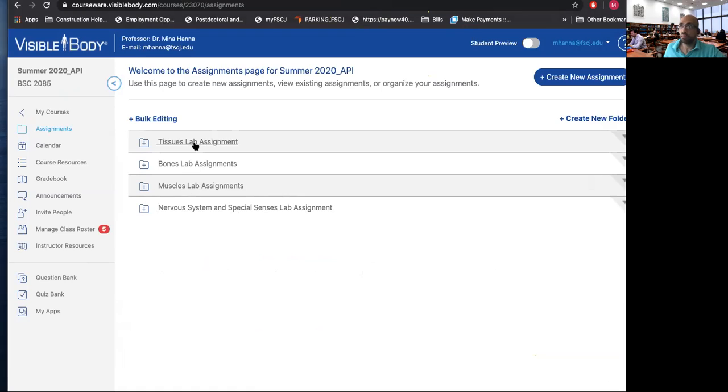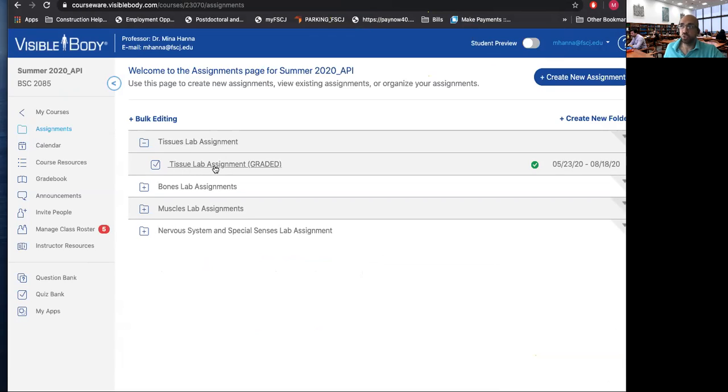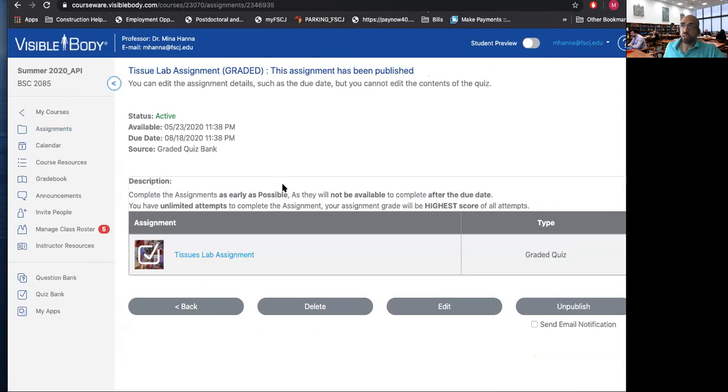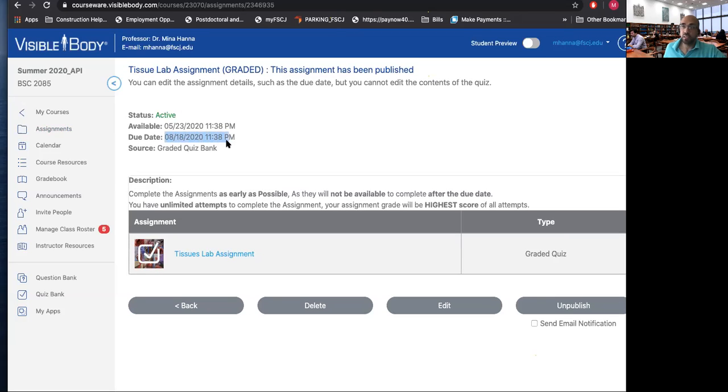Each one of those is going to be worth 25 points towards your final grade, so all combined will be worth 100 points. So you've got tissue lab assignments. All those lab assignments are going to be available until the end of the semester.